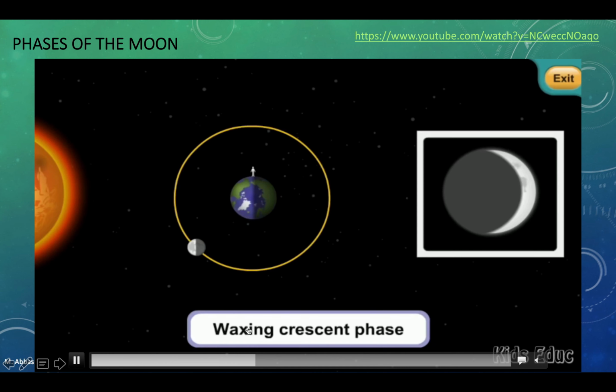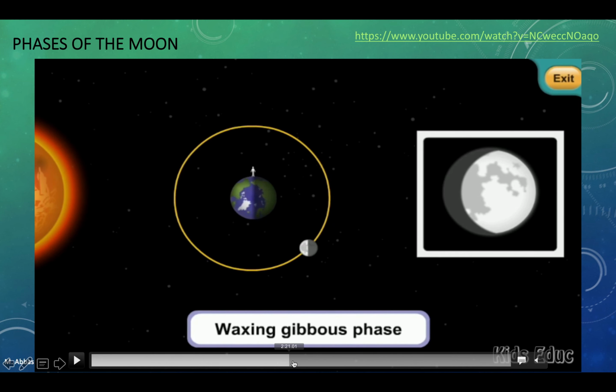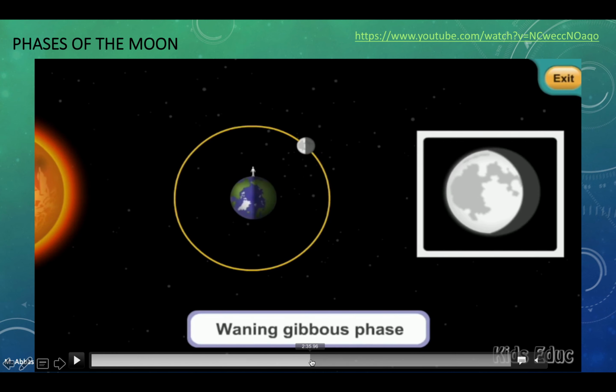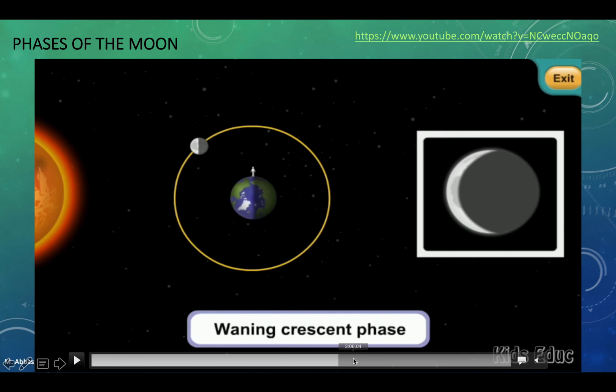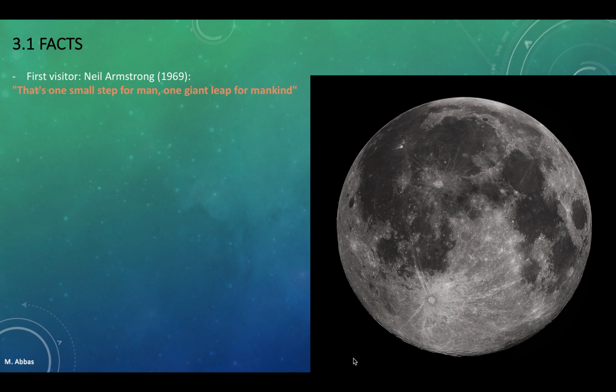If you wait longer, the moon will move to complete its orbit, you will see more parts of it, and then if you are located here looking at the moon, you will see this part which is totally lit because it's facing the sun and it is facing the Earth, so you will see a full moon, and then the cycle will repeat itself over and over again. So yeah, this was about the phases of the moon.